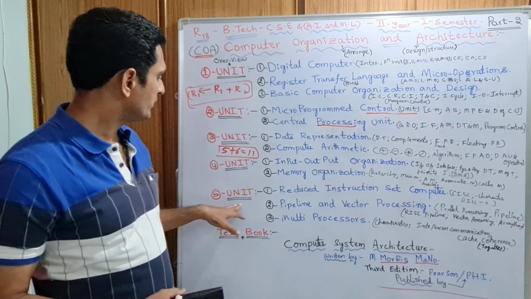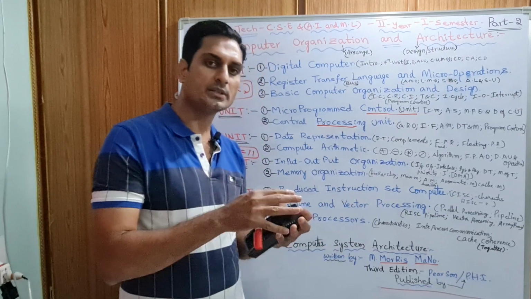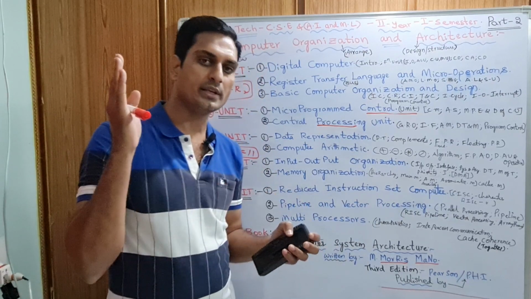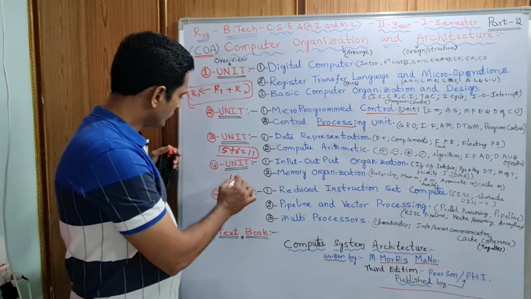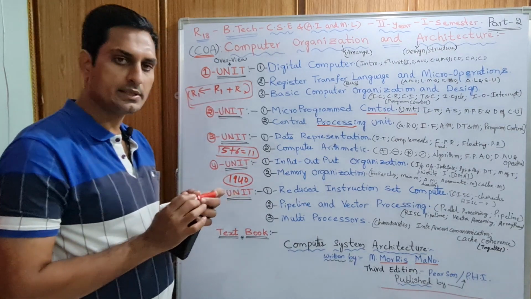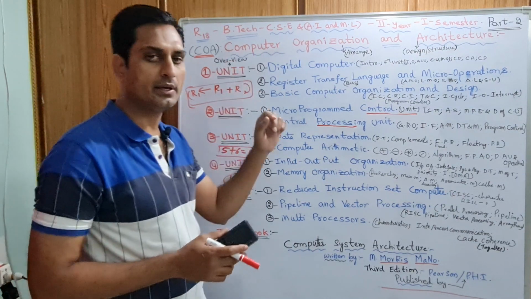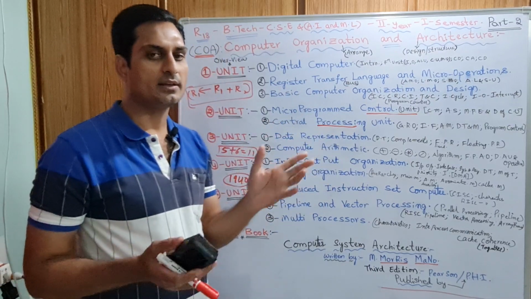Right. In the 5th unit we have reduced instruction set computer. Reduced, compressed, less instructions will be there. In olden days, computers were manufactured around the 1940s, before our independence only. At that time, instructions were very few and used for calculation purposes.